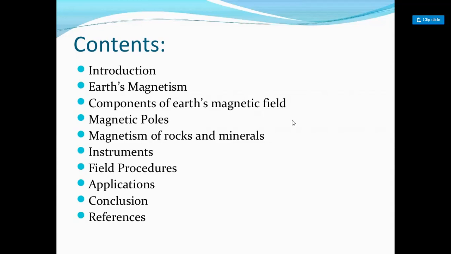So in magnetic methods, what is the controlling physical property? Magnetic susceptibility is the controlling physical property.